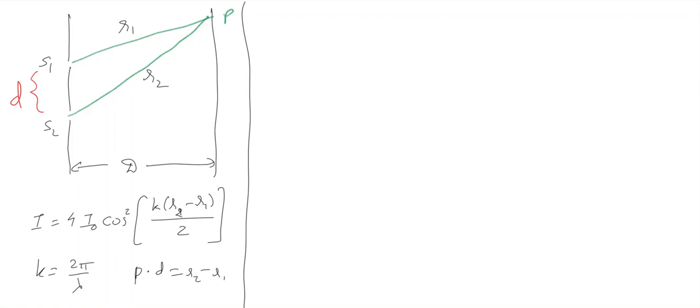Now, if I'm talking about constructive interference, we know that constructive interference is when intensity is maximum. So for constructive interference to take place, I'll have to have the cos term maximum, means this cos k (r1 minus r2) by 2 or (r2 minus r1) by 2 has to be 1.